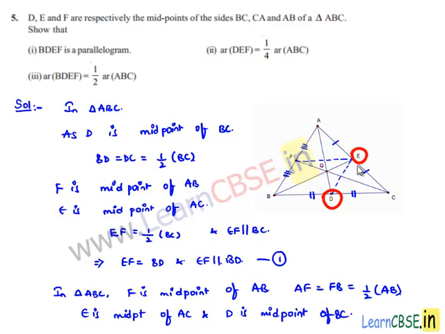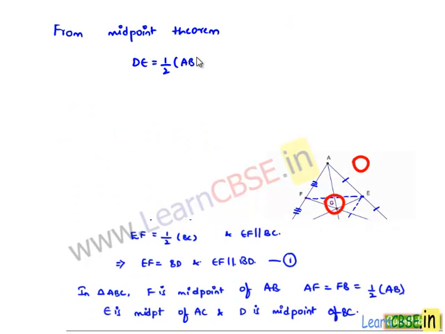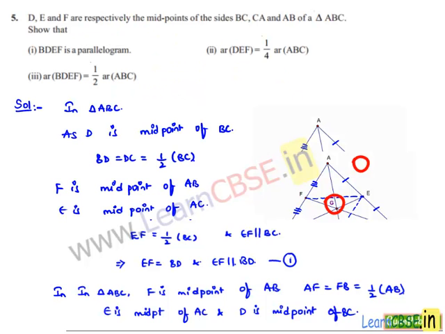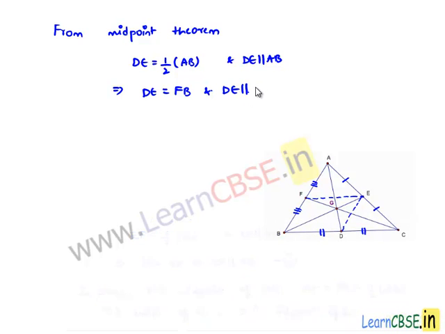From the midpoint theorem, DE will be half of AB and also DE will be parallel to AB. That implies DE equal to half times AB can be replaced by BF or FB, and DE parallel to AB implies DE is also parallel to FB.